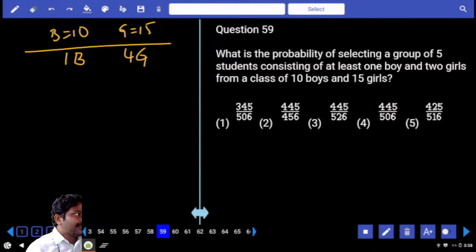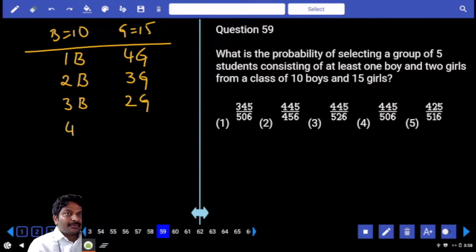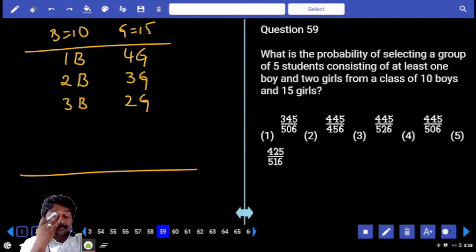This is one combination. I will select 2 boys and 3 girls. 3 boys, 2 girls. 4 boys, 1 girl. Not possible, because there must be 2 girls at least. Total how many people are there? 25. We need to select 5 people.